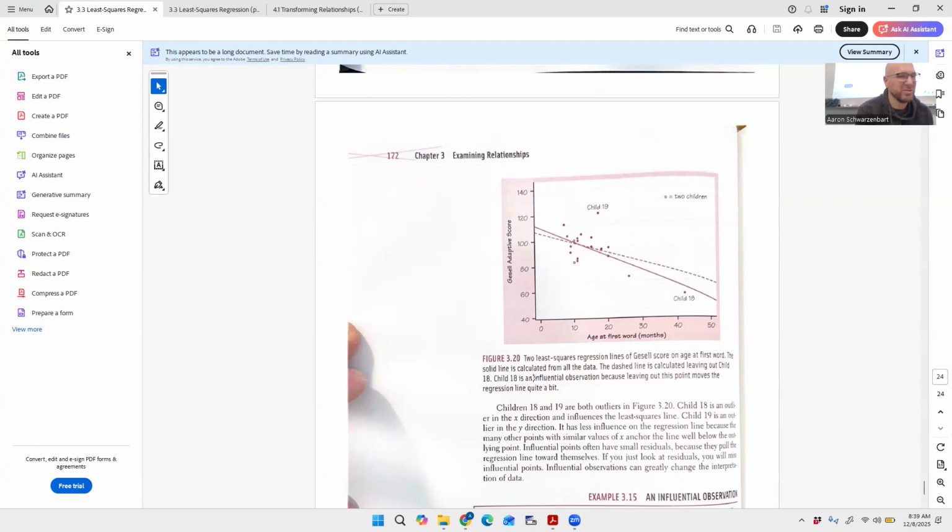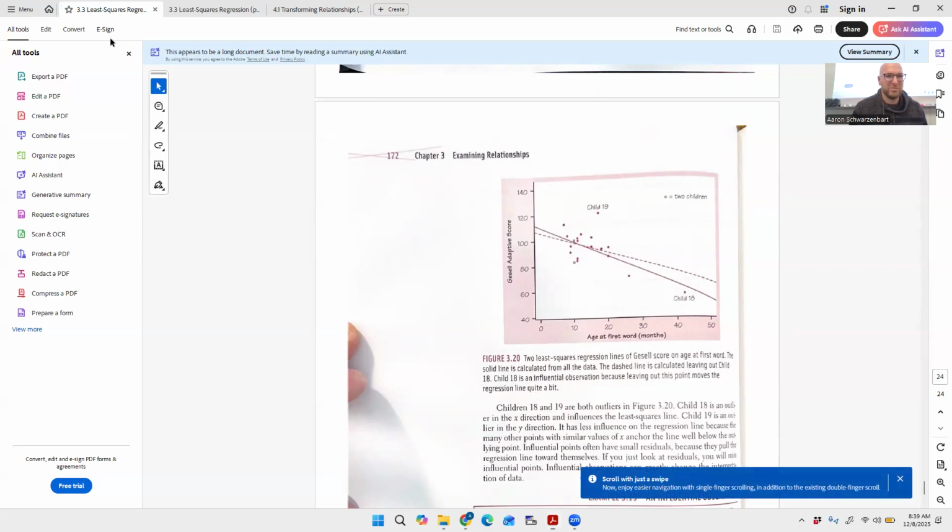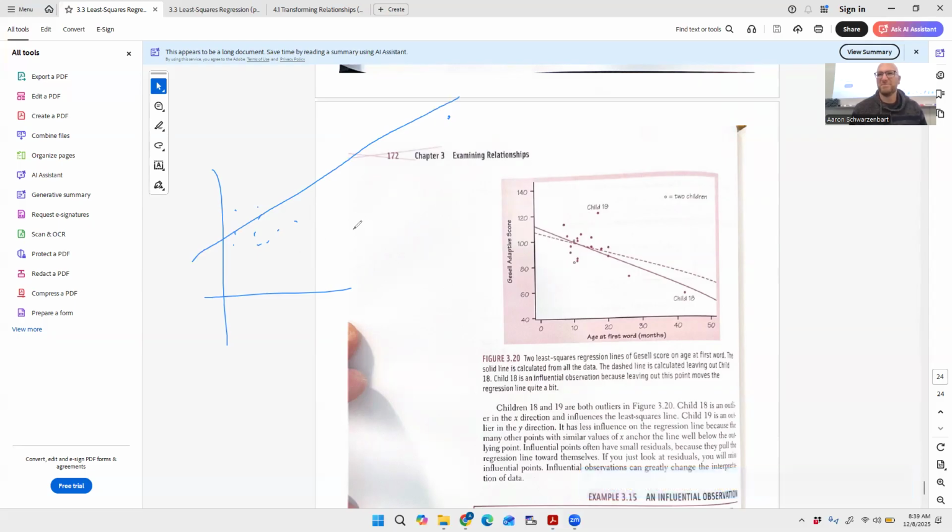Okay. Influential observations. You make a scatter plot here with absolutely no pattern in it. And then you put one out here. You will get a relatively decent line, because this drags everything towards it because its X is so much different.